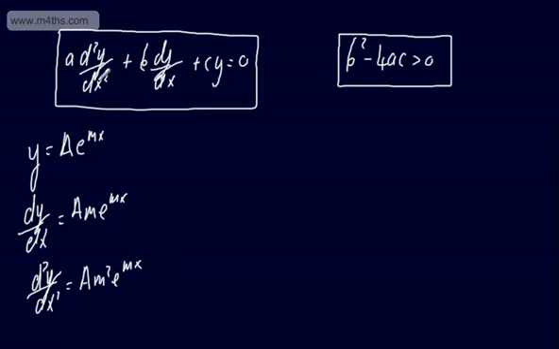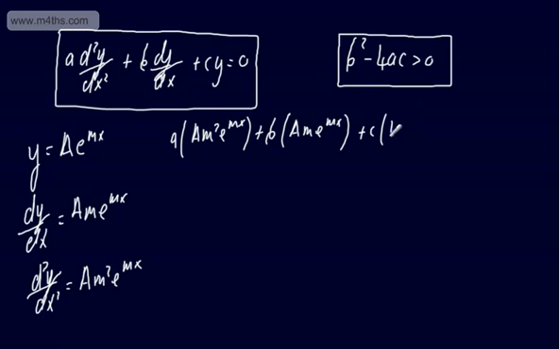If I substitute this back into my differential equation, I'm going to have a d2y by dx squared as a m squared e to the mx plus b dy by dx, so that's going to be a m e to the mx plus cy, which is now going to be a e to the mx, and that is equal to 0.